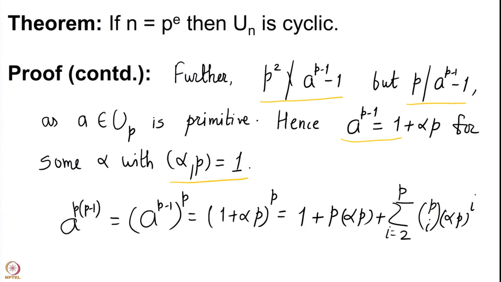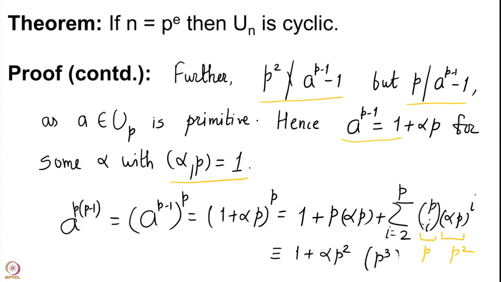So, these are the terms where the powers of alpha p will keep increasing and you have the coefficient p choose I. We observe that in these coefficients you have a factor of p here, actually a factor of p square here, and a factor of p here. So, modulo p cube, this is congruent to 1 plus alpha p square.